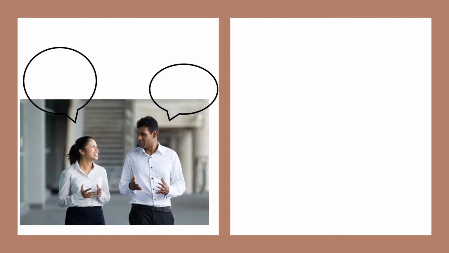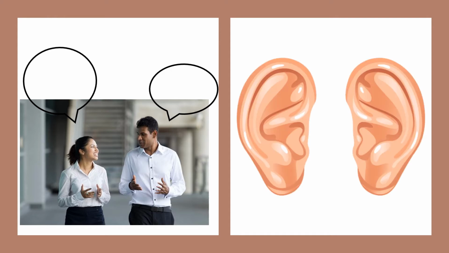Okay, children, now look at this boy and girl. What they are doing? Yes, you are right. They are talking to each other. But how they talk with each other? How they can listen to each other? What do they use to listen to each other? Yes, you're right.